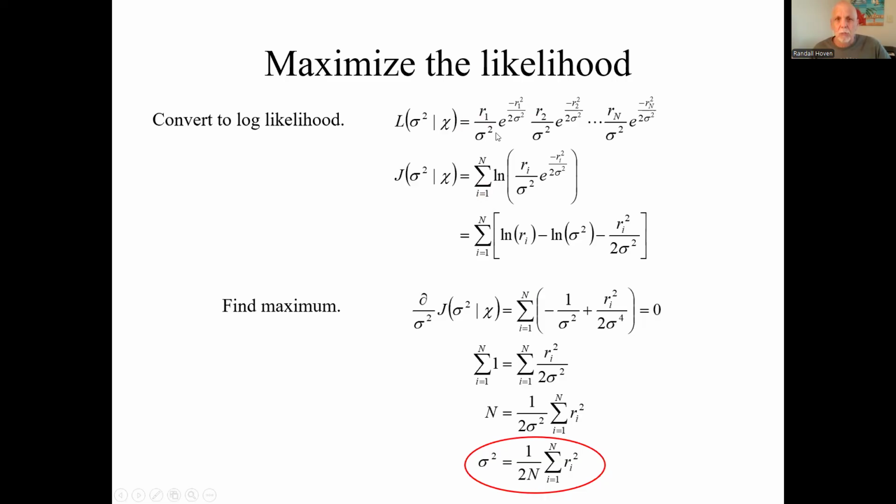We'll take the sum of each of these individual logs, each log of each of these individual terms. And what's the log of this guy? It's the log of r sub i minus the log of sigma squared minus all this. It's that.